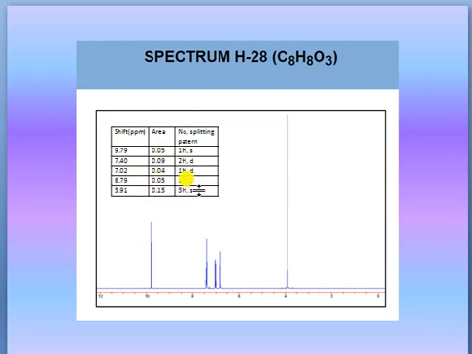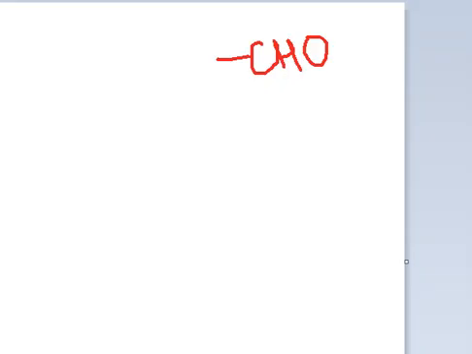There are 3 singlet protons at 3.9. Just like the last problem, the 3.9 singlet is OCH3. So 4 hydrogens are gone.